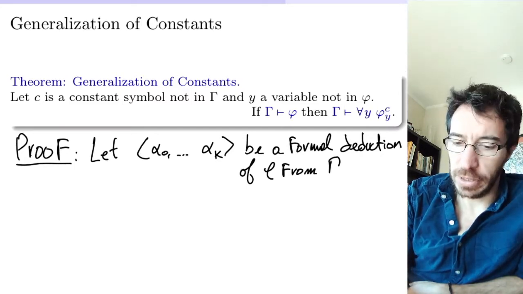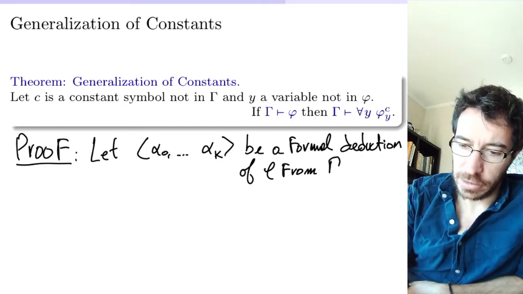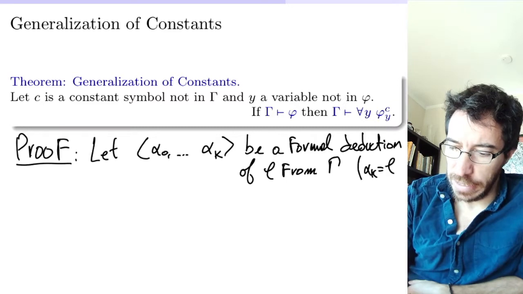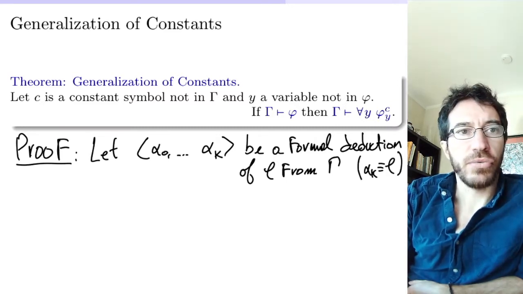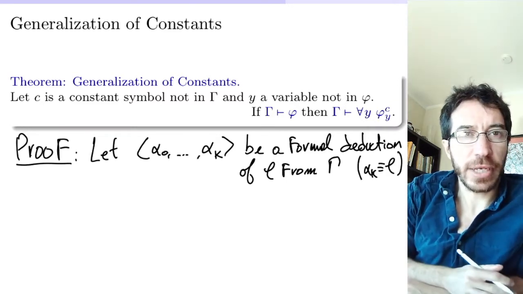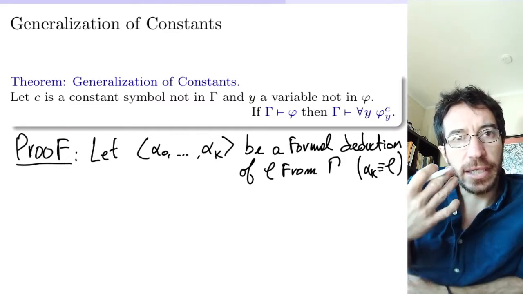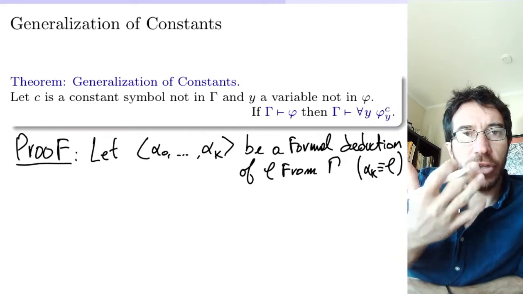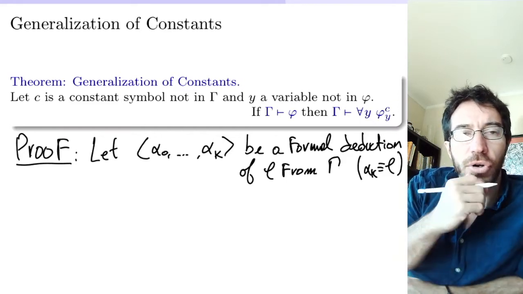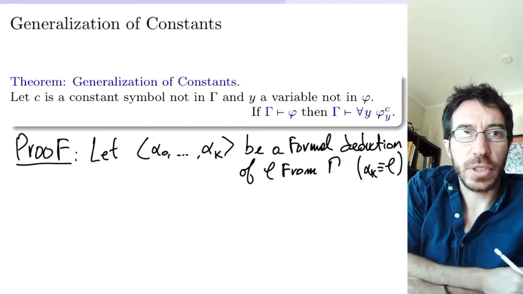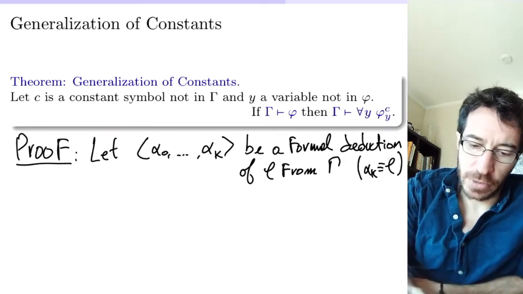In particular, alpha k is the same as phi. Recall that a formal deduction means that each of these alpha 0 to alpha k is either an assumption, a logical axiom, or it can be deduced from the previous ones using modus ponens.